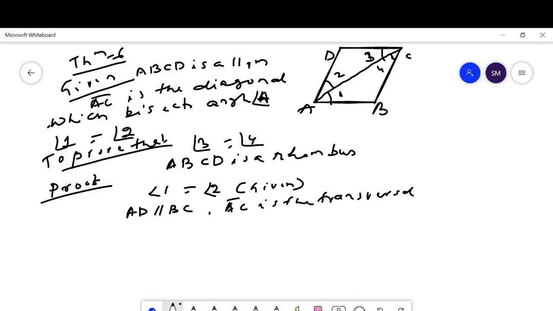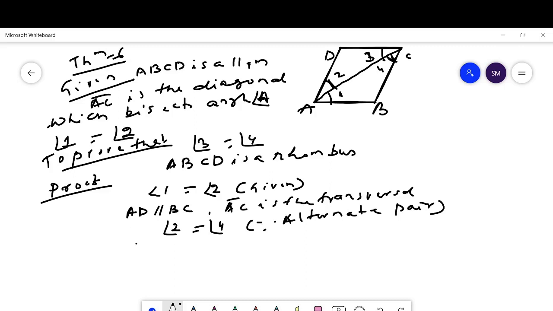Then angle 2 is equal to angle 4 since they are an alternate interior pair. As we know, when two parallel lines are intersected by a transversal, the alternate angles have the same measure. Then here angle 2 is equal to angle 4 as they are an alternate pair.